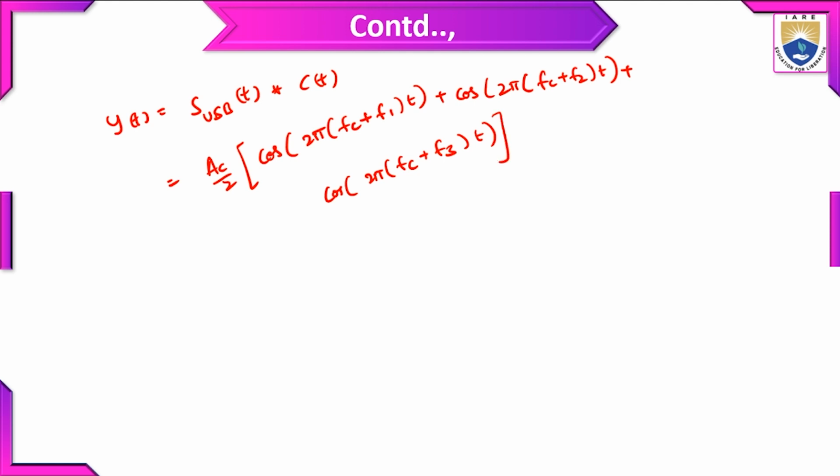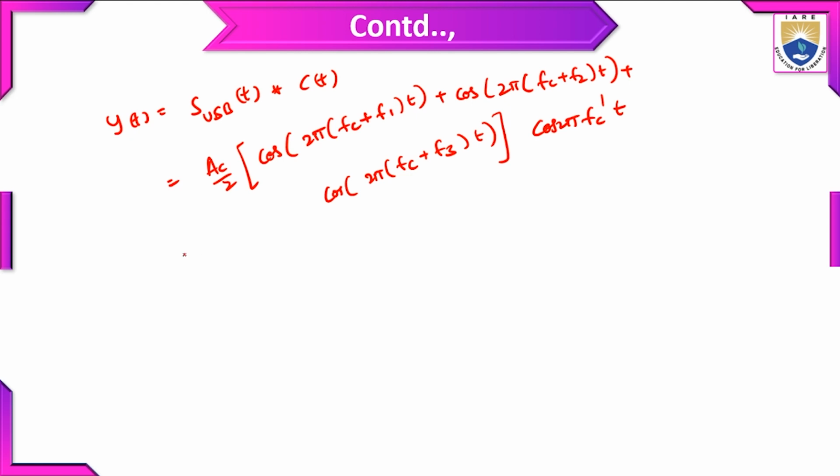This USB, single sideband, is multiplied with the c of t. So what is c of t? The carrier, that is cos 2 pi Fc dash of t. So this Fc dash indicates the detection using the same phase information.